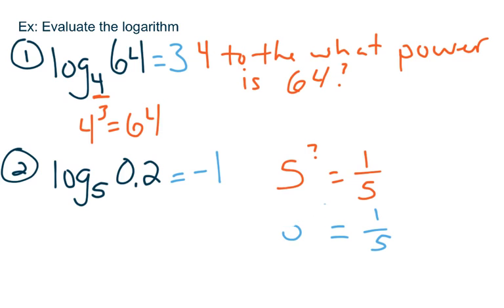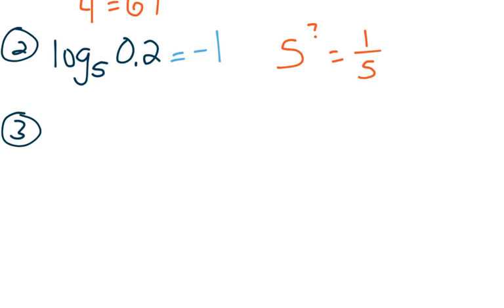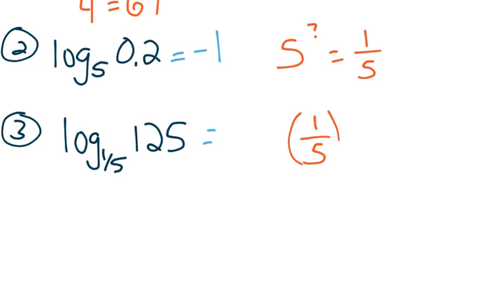I'm going to erase some of this just so I have a little more room to write. Slide that up. Number 3. Let's try the log base 1/5 of 125. Again, think about it in exponential form. The base is 1/5; we're going to raise it to what power to get 125? Well, if it was 5 to some power, that answer is easy. That's 3.